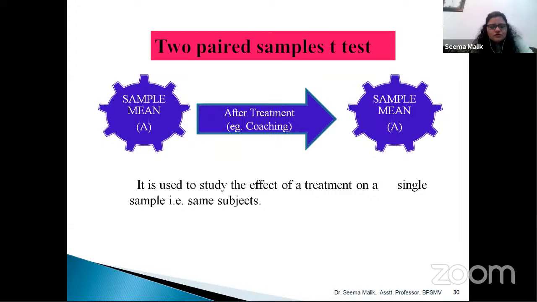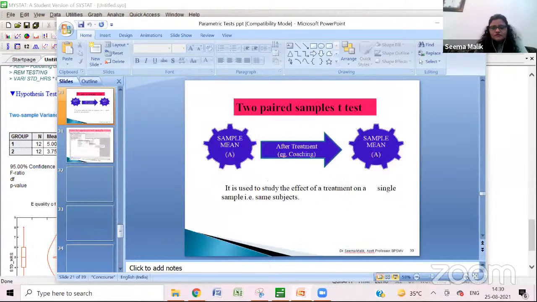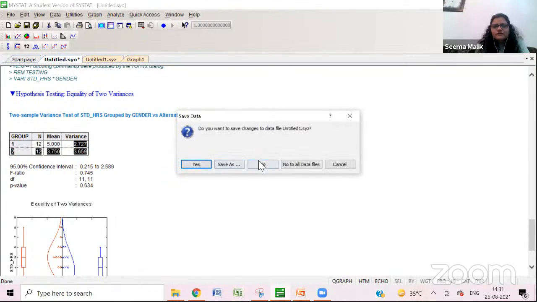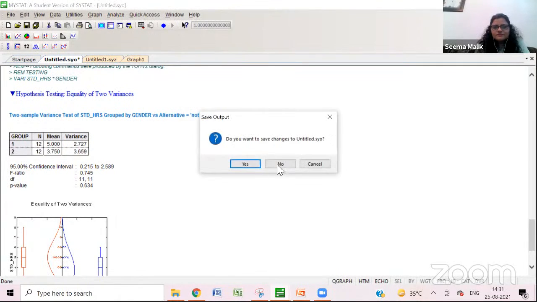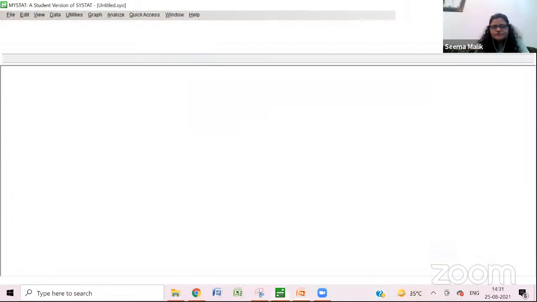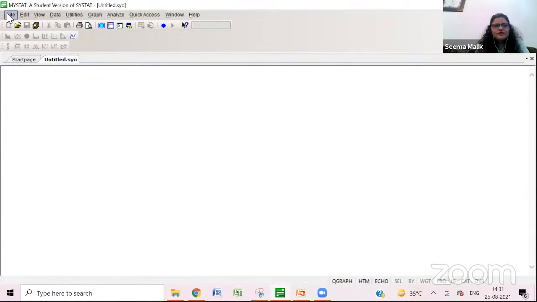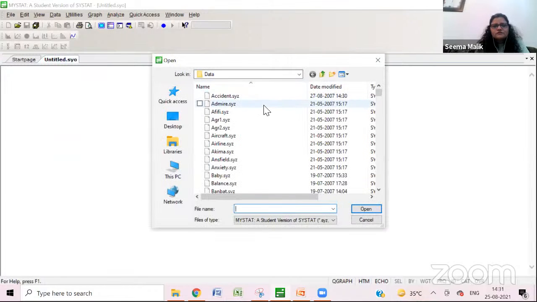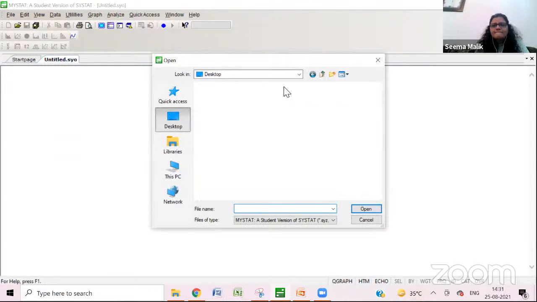So I'm going back again to that file. I'm closing this file. I have one other file named paired sample t-test. So I'm opening MYSTAT again. I'm going to attach the file, that is open data, desktop.